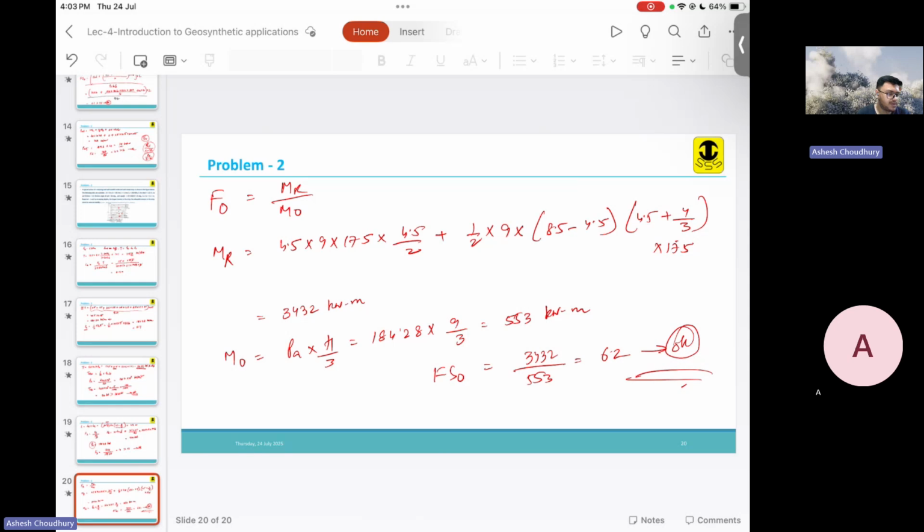We can do designing of embankments, or we can directly go as per the codes that I have given to you. Initially we'll be solving one problem similar to what we solved today.